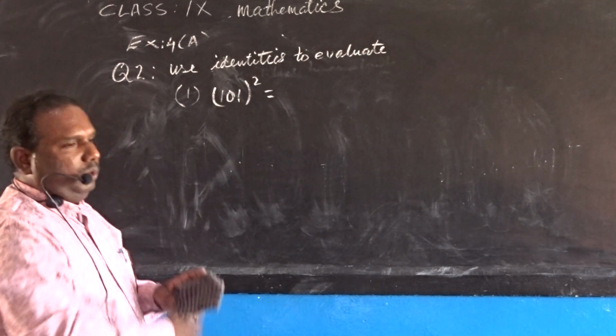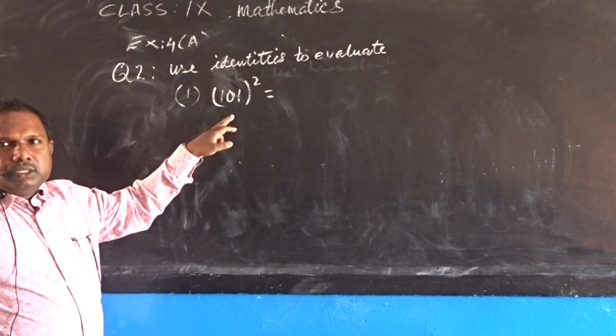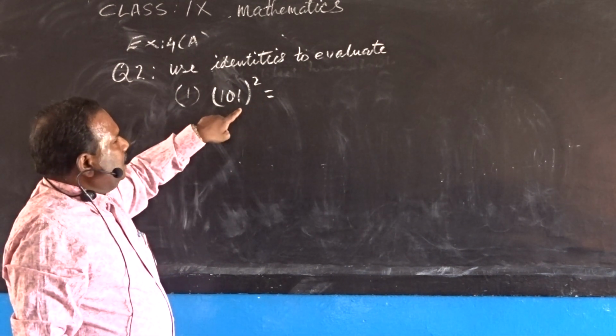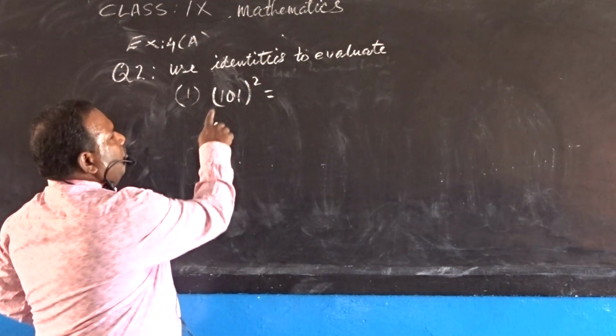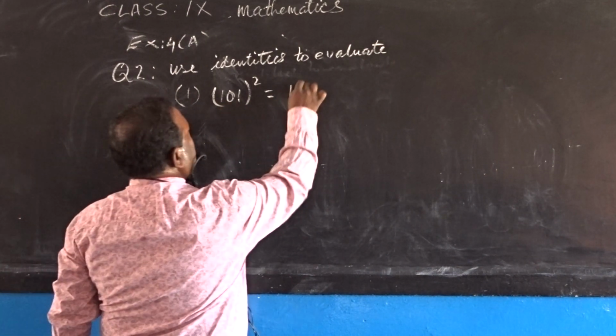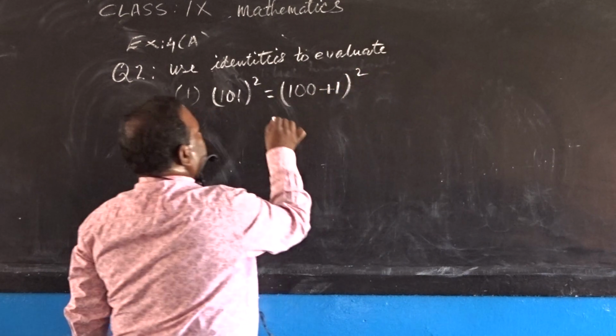Here we are going to use identities you learned in the same lesson. 101 can be written as 100 plus 1 all square.